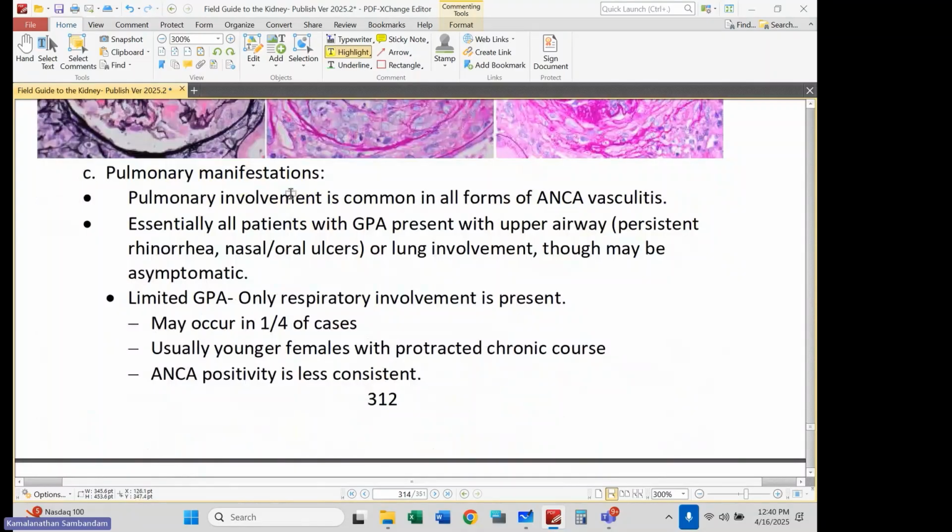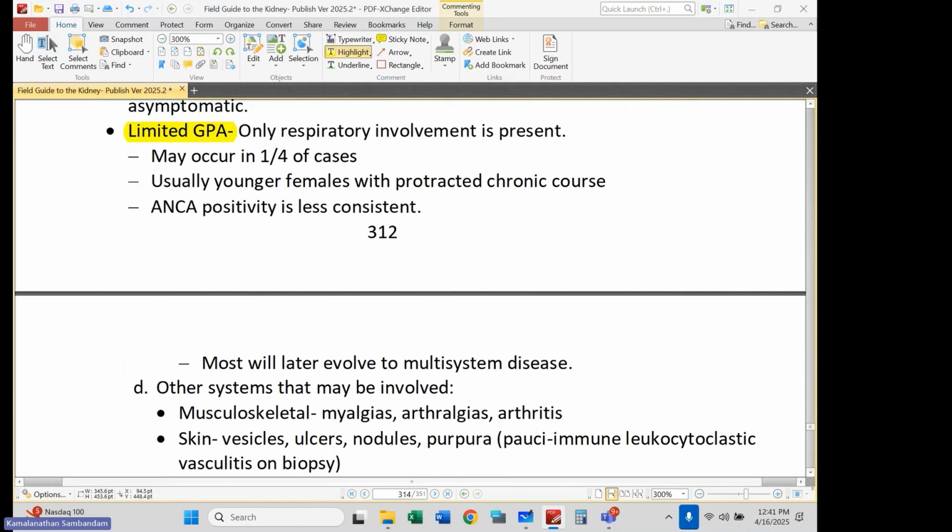Okay. Pulmonary manifestations are common in the ANCA-associated vasculitides. And again, when you have this upper airway involvement, that's highly specific for a diagnosis of GPA, okay? Limited GPA can, however, be described where I only have pulmonary involvement.